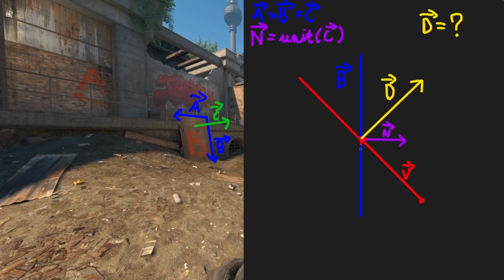First, I will extend the vector v. Next, I will draw the orange vector e, which is the projection of vector v onto the unit normal vector n. Finally, I will reflect vector e and extend it as well.